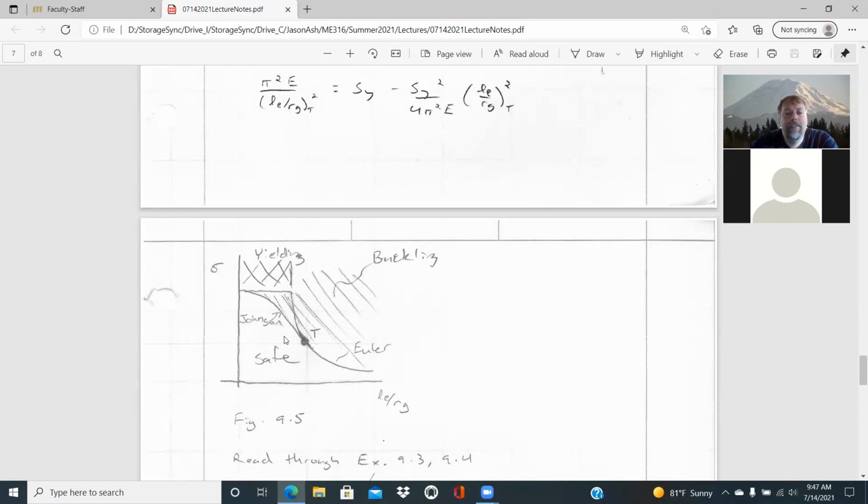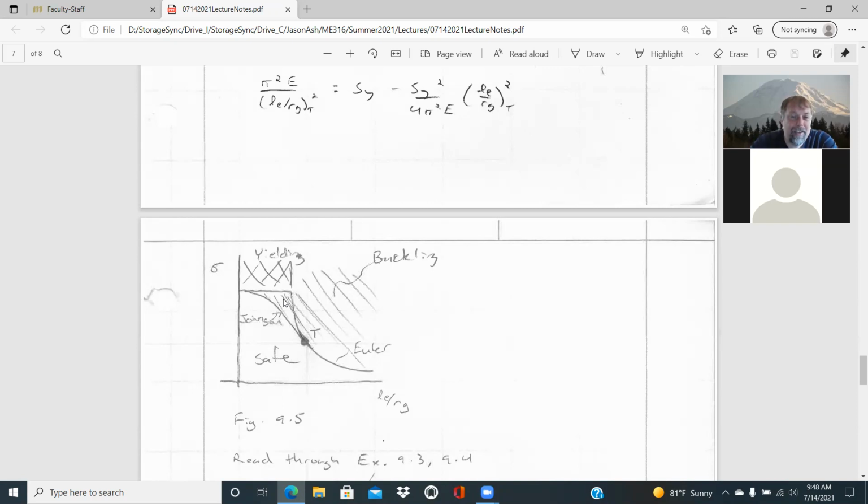If your state of stress is beneath those two curves, the Euler and the Johnson, it would be safe from buckling. If you go beyond that curve, out in this area, it would fail due to the Euler formula and the long column buckling relationships.